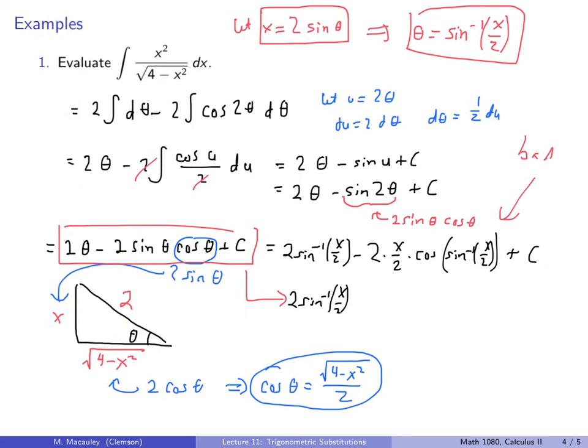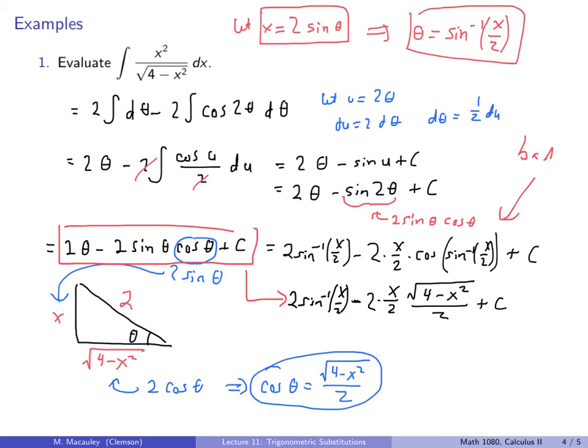But now I have minus 2 times x over 2. Let's make sure that minus does not look like a dot. And the cosine of theta becomes square root of 4 minus x squared all over 2 plus c.